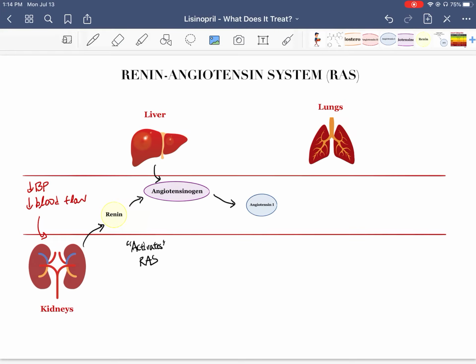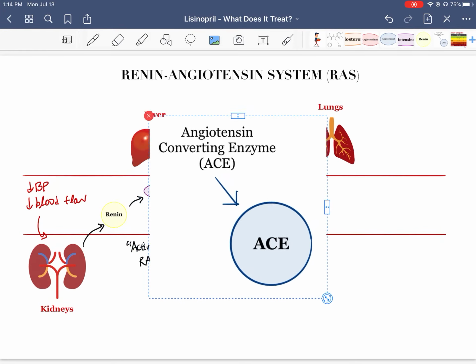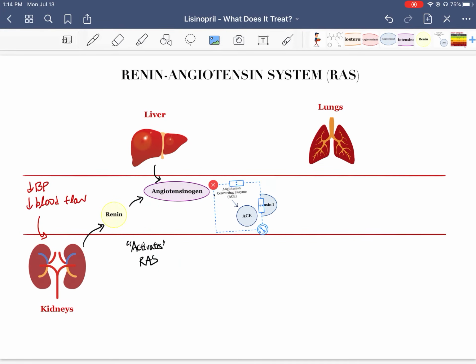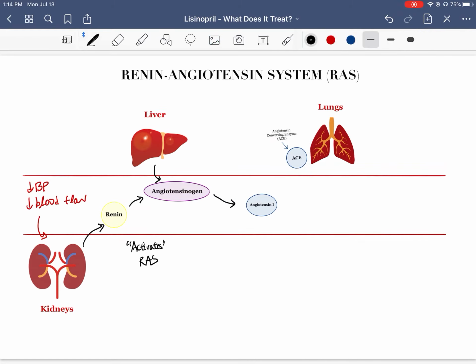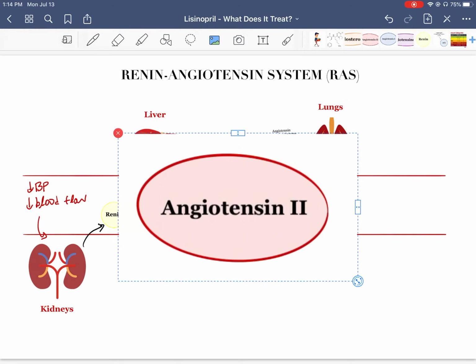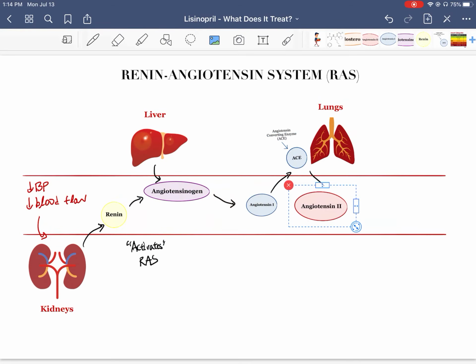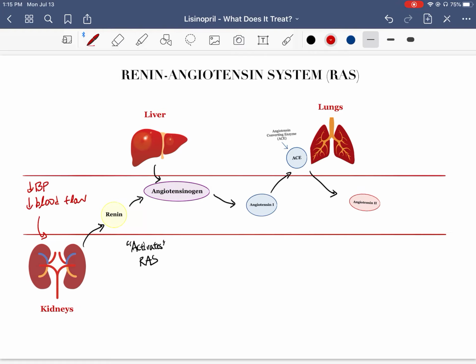Then, an enzyme called angiotensin converting enzyme, or ACE for short, which is found primarily on the surface of your lungs, will take the angiotensin 1 and convert it into a molecule called angiotensin 2. The job of angiotensin 2 is literally to increase blood pressure.